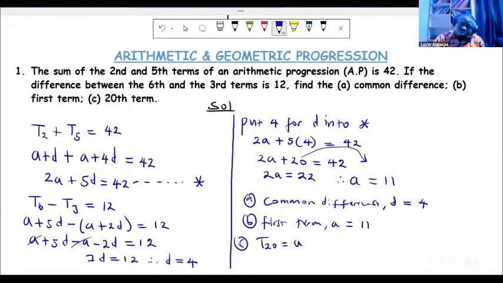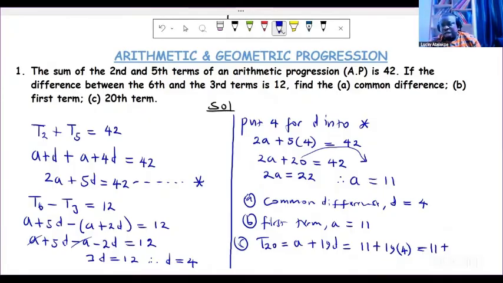T20 will be A plus 19D. A is 11, D is 4. What's 19 times 4? That's 76. 11 plus 76 is 87. That's our final answer.